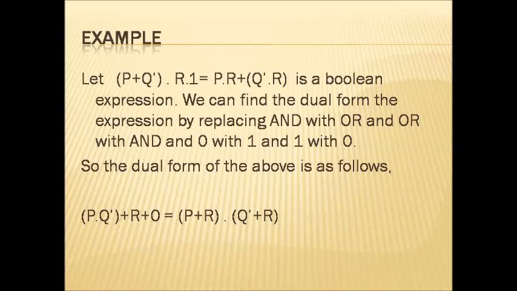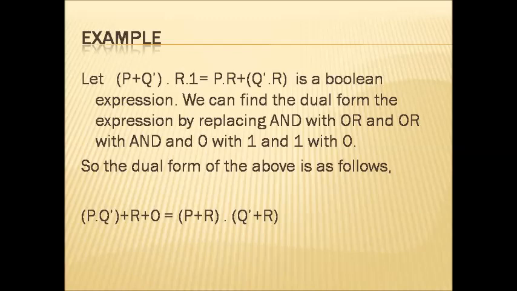Then there is an AND operator next, so we are replacing that with the OR operator. Then R dot 1 is replaced with R plus 0. That is the left hand side.